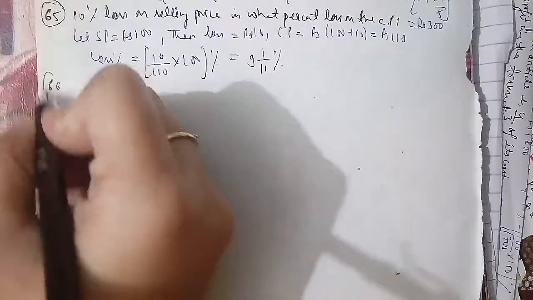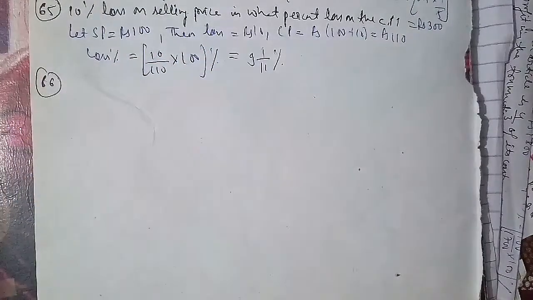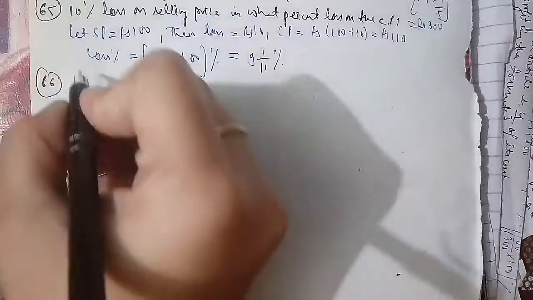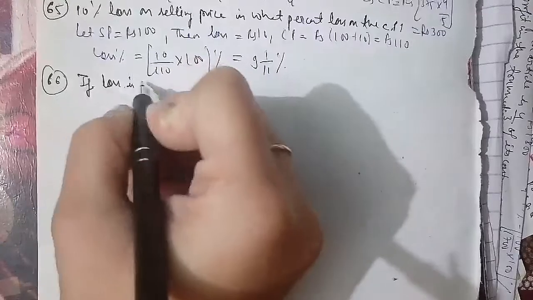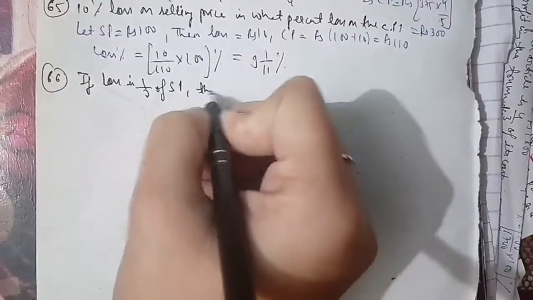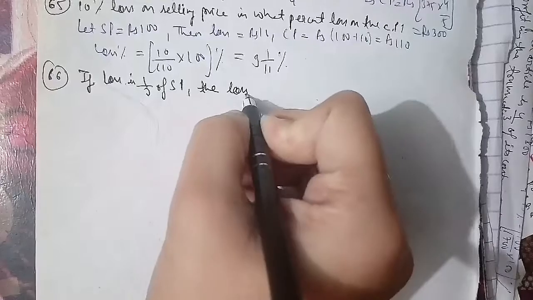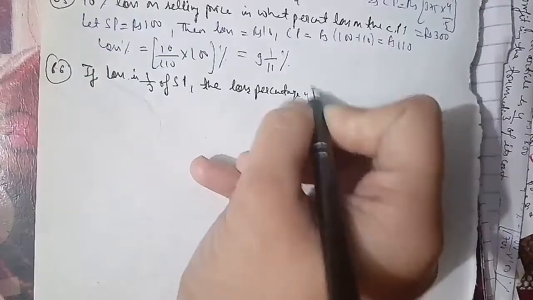The options are 16 2 by 3%, 20%, 25%, 33 1 by 3%. We have to find it out for the same.